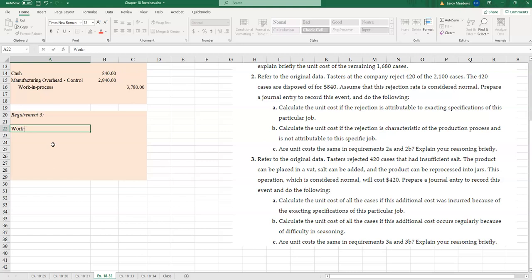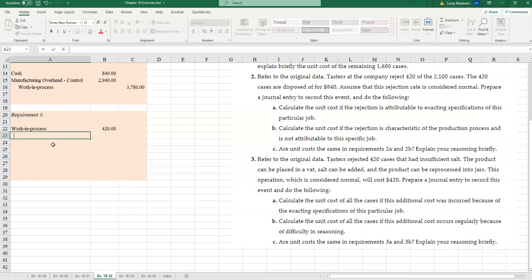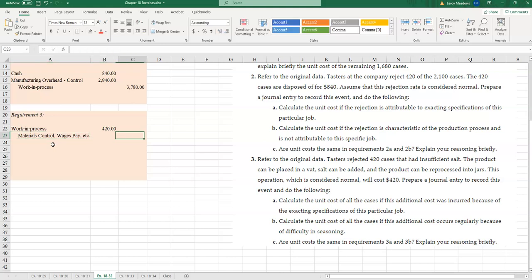So because it's specifically related to a specific job, I'm going to charge that job the additional $420. And I'm going to charge them for any materials added, any wages we had to incur, or any overhead that had been allocated.